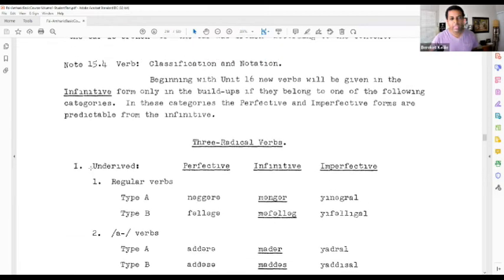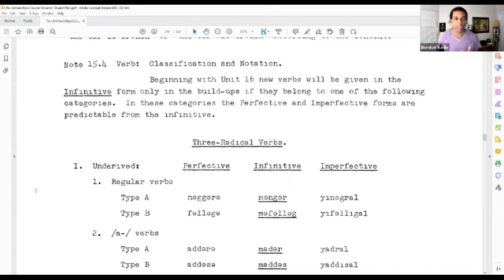And there's a little bit of unclarity on this. The author's note says that going forward from here, new verbs will be given in the infinitive form only in the buildups. I'm not sure what the buildups are, if they belong to one of the following categories down below here in the table. But when I took a look over at Unit 16, I saw that he still presents the verbs in the same way.